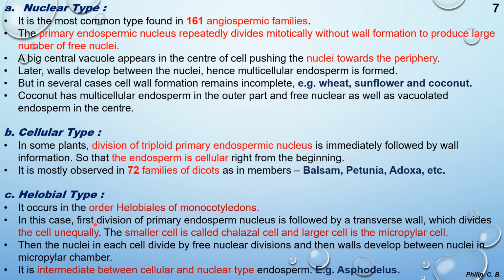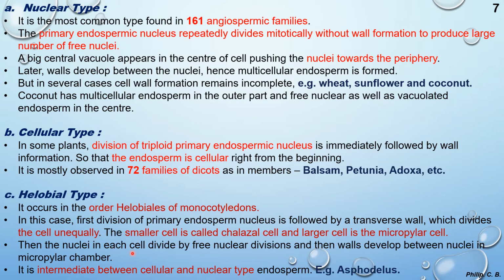In this case, the first division of the primary endosperm nucleus is followed by a transverse wall which divides the cell unequally. The smaller cell is called the chalazal cell and the larger cell is the micropylar cell.